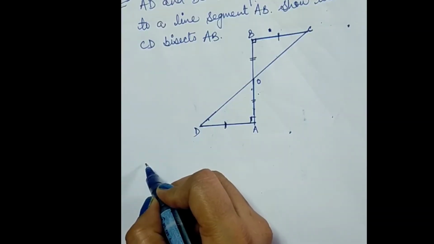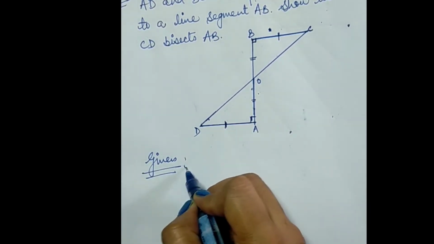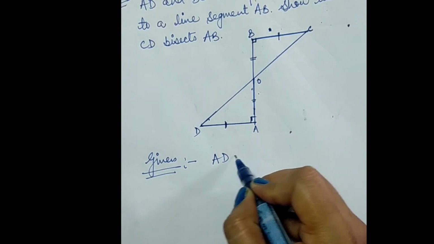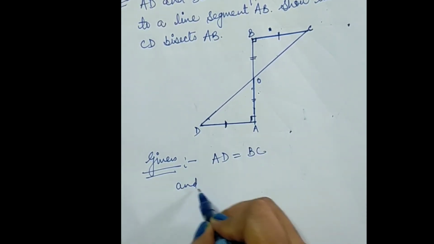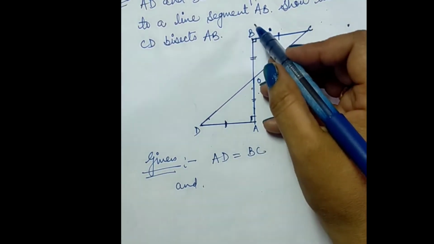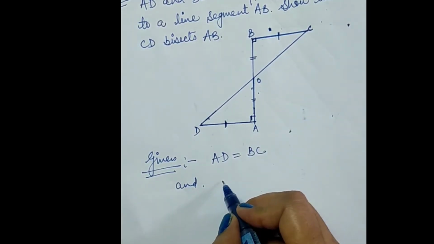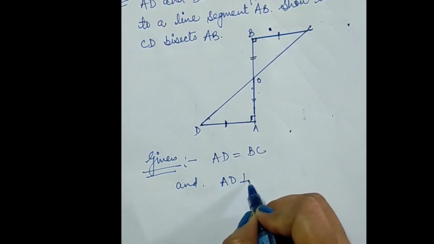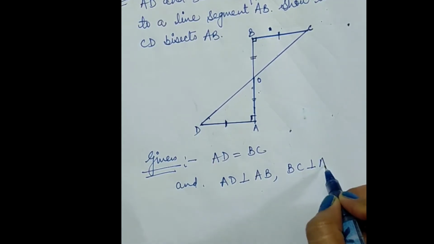So first of all, whatever is being given, we are going to mention that, that is AD is equal to BC, AD is perpendicular upon AB and BC is also perpendicular upon AB.